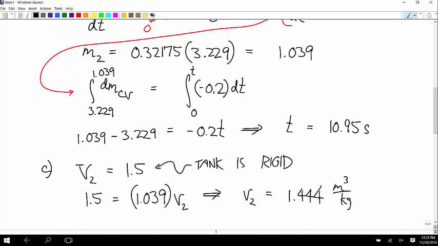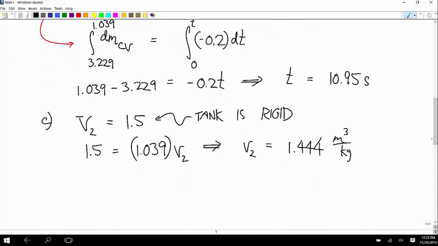What are the odds that that would actually be a value that's right in the table? That would be amazing. But it is. So that's a specific volume value in the table.